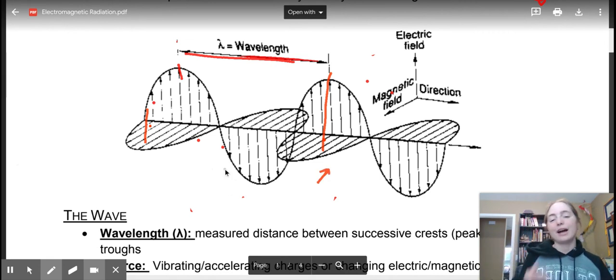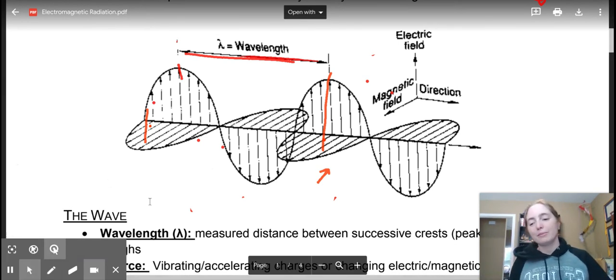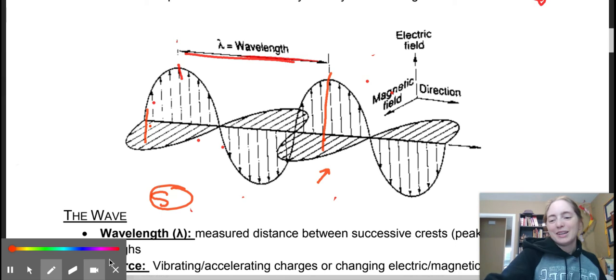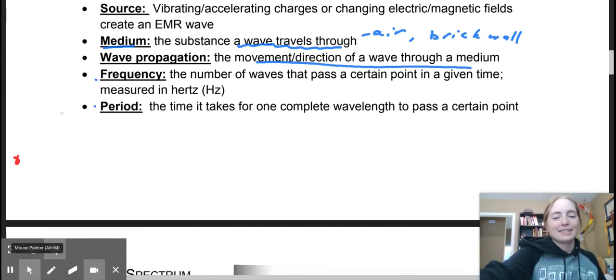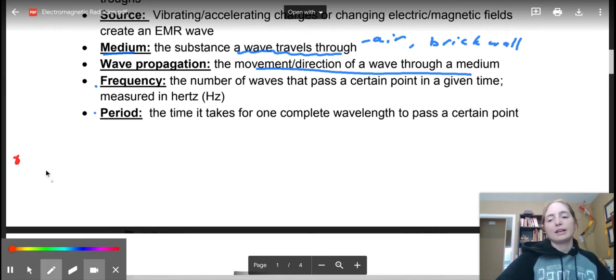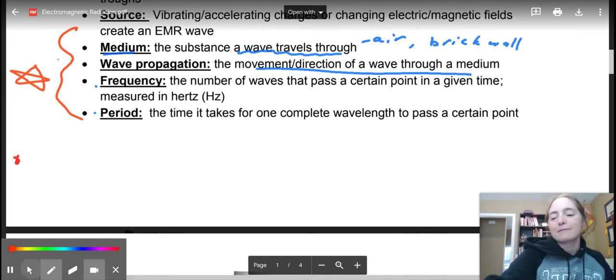So that is inverse to your frequency. And the formal unit for period, ladies and gentlemen, is going to be seconds. Sounds good? All right. So we're going to put a star beside these terms here, as they are going to come back quite a bit throughout the unit.